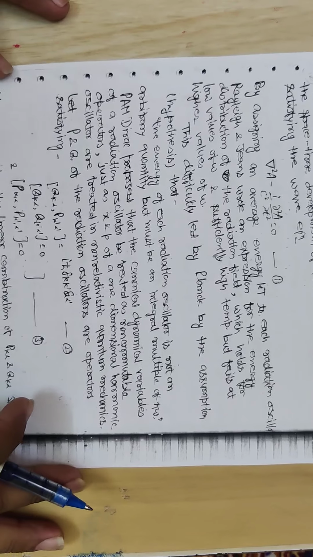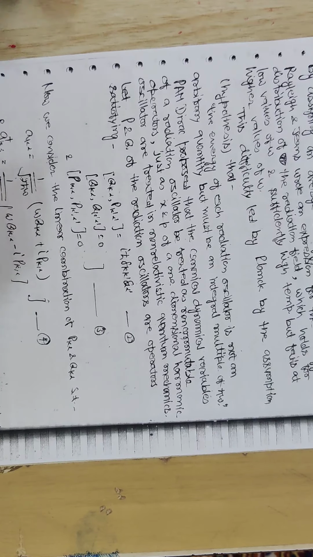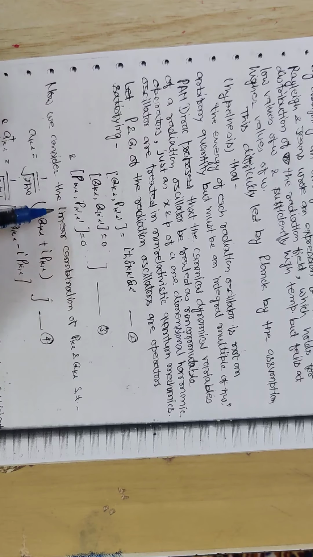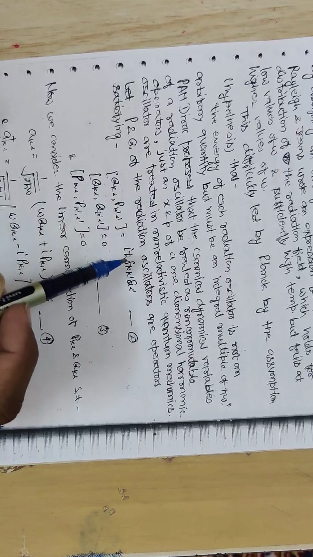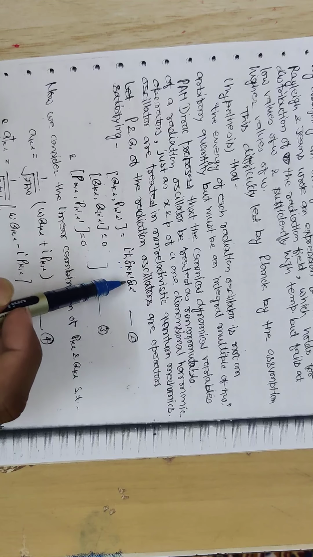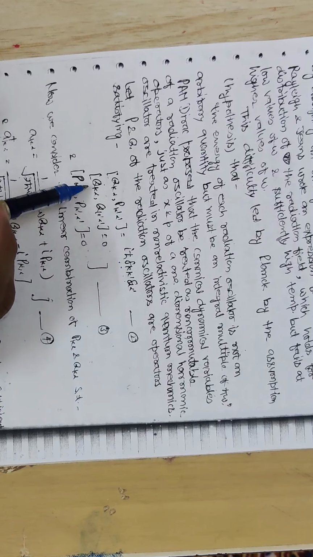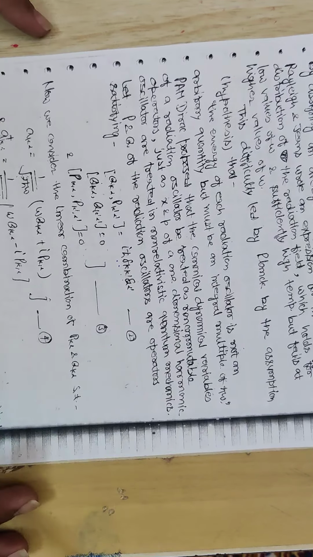Let P and Q of the radiation oscillators be operators satisfying the conditions [Q, P] equals iota h cross delta kk dash delta alpha alpha dash, and [Q, Q] equals 0 and [P, P] equals 0.